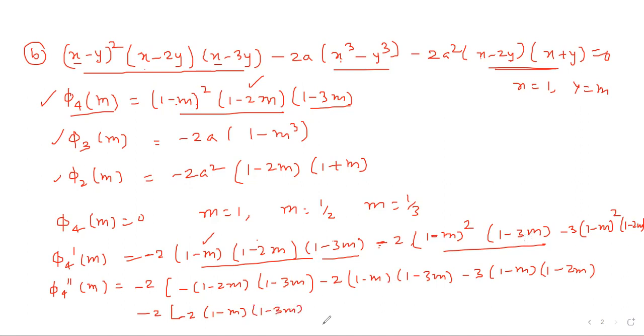Now we differentiate this, so this will give minus 3 and then (1 minus m) square. Now we differentiate this term again using product rule. Minus 3, this will give minus 2 times (1 minus m) times (1 minus 2m), and then this will give minus 2 times (1 minus 3m), sorry, (1 minus m) whole square.